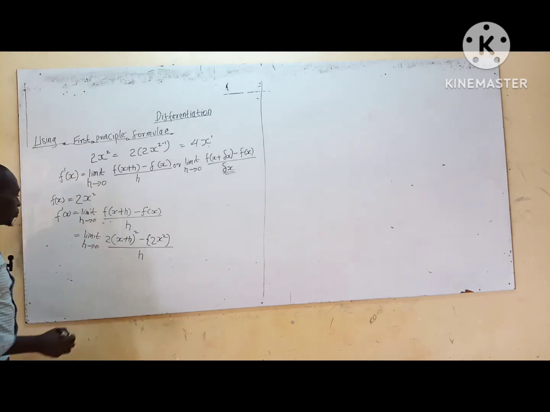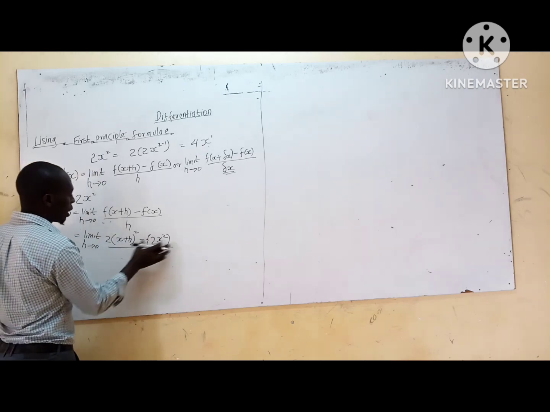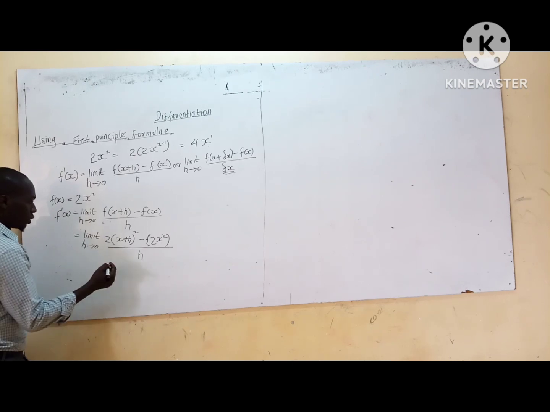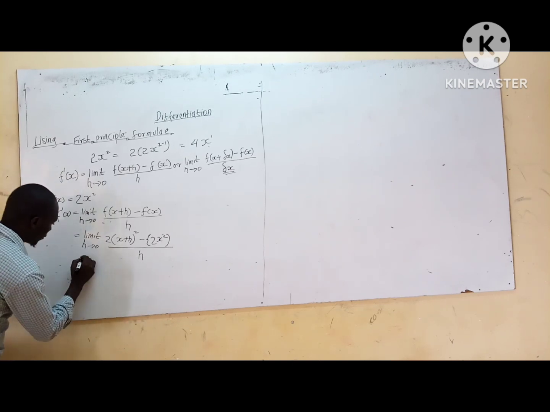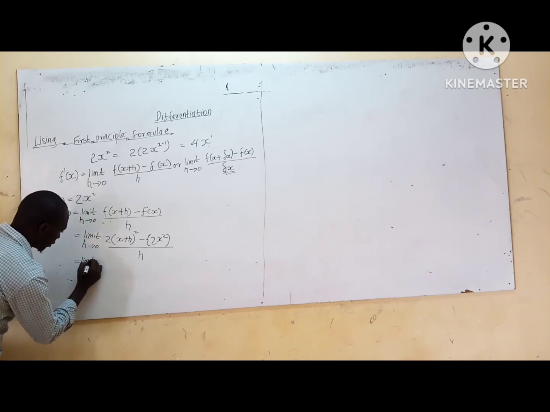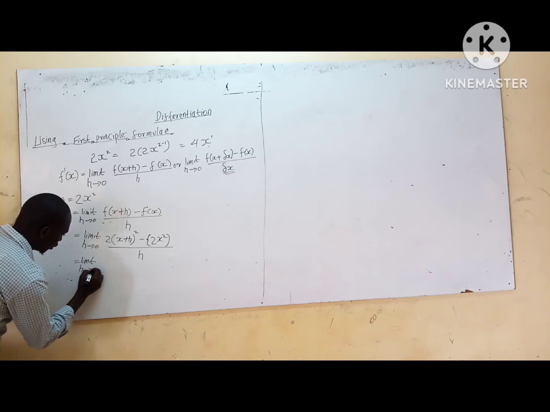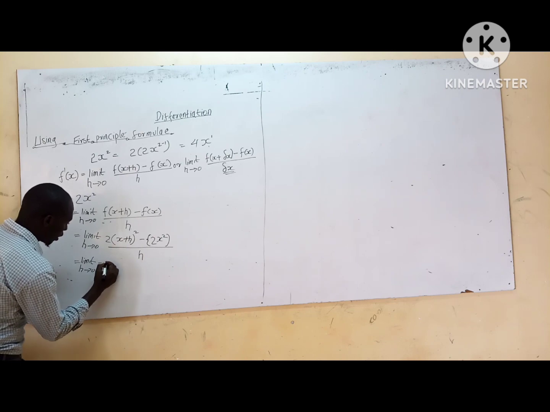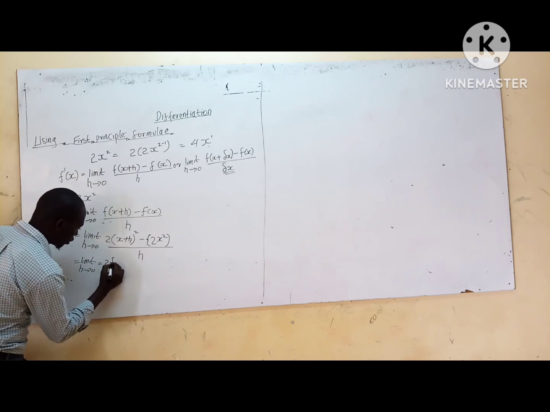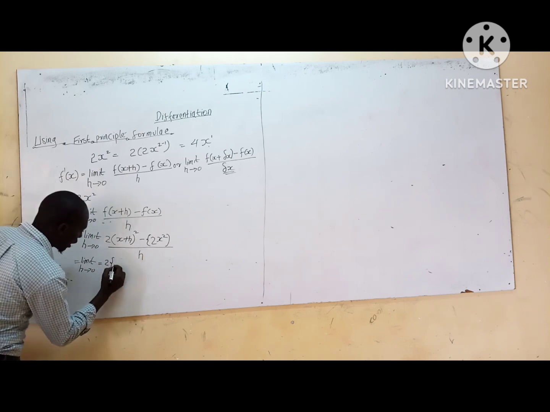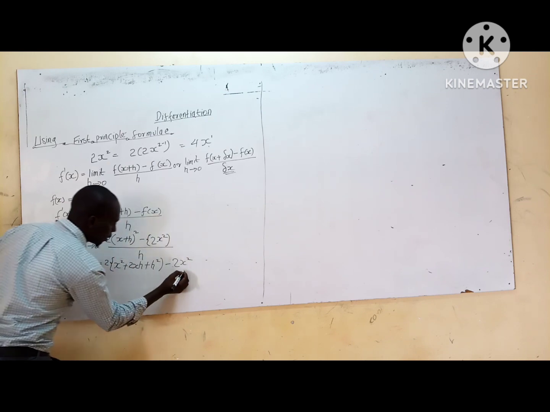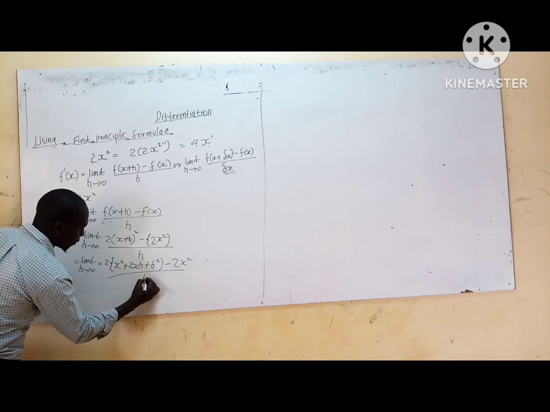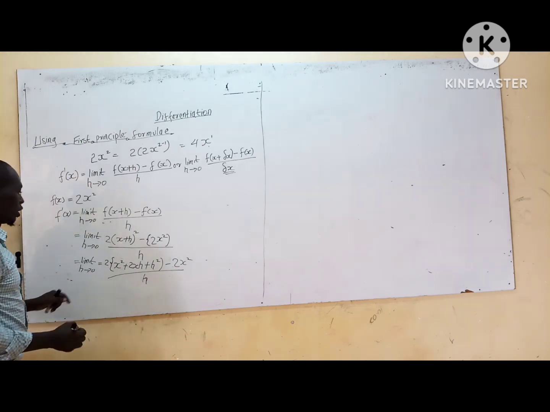After reaching here, let us work out the bracket. Let us open the bracket to make everything simple. And here we are going to have the limit as h approaches 0 equal to 2 into x plus h squared, all over h.